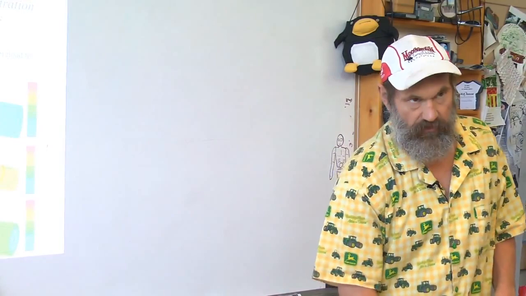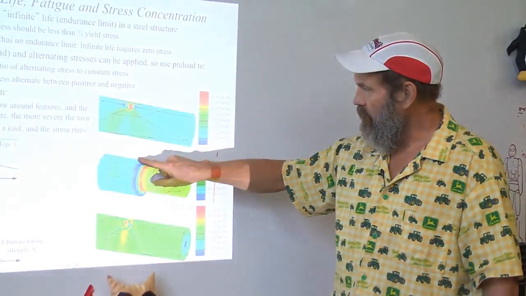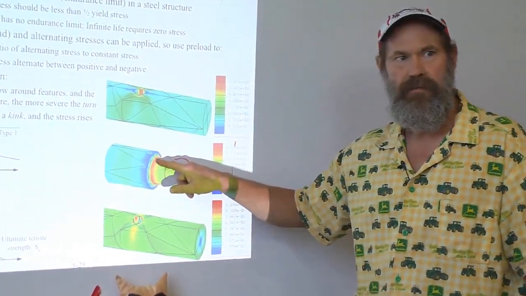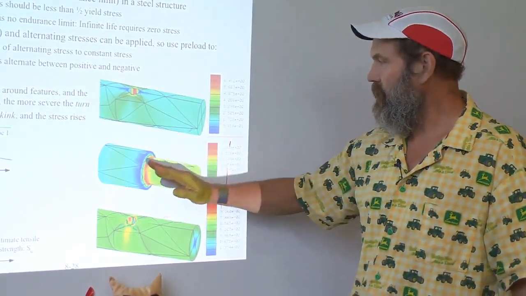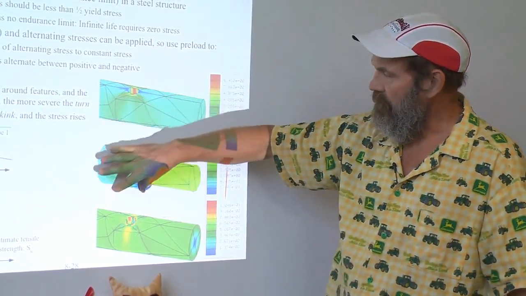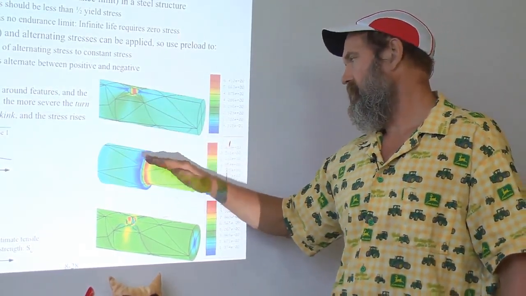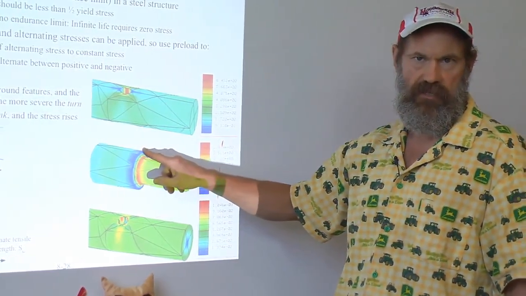Where people get into trouble most often is with stress concentrations. These are the regions around holes or changes in dimension where the stress is amplified, as the stress is flowing through the structure. In order to change and get up to some other part of the structure, the more suddenly the stress lines have to change direction, the higher the localized stress concentration can be.